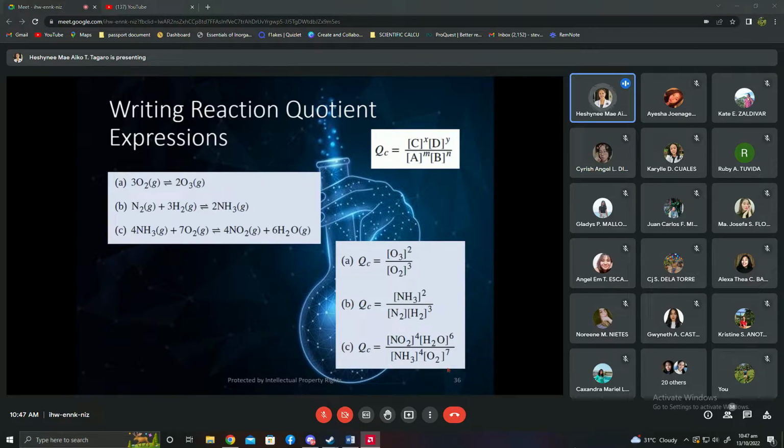Same is true with your letter C. NO2 and H2O, the products, are in the numerator, plus their coefficients that are now their exponents. And in the denominator, we have your ammonia and oxygen with their respective exponents. Alright? It's all the same, no? So this is very helpful if we solve for Qc later on.